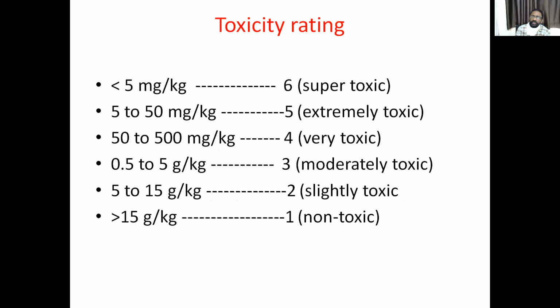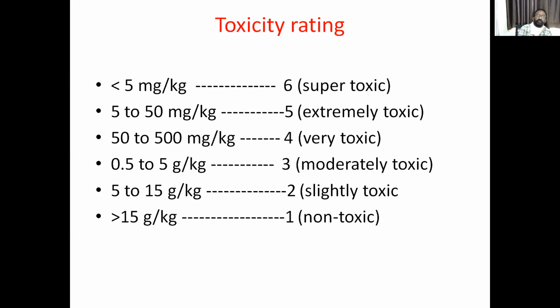According to these toxicity levels and lethal doses, drugs can be rated by their toxic effects. That means a minimum dose that affects is given as super toxic. Less than 5 milligrams per kg body weight is super toxic.